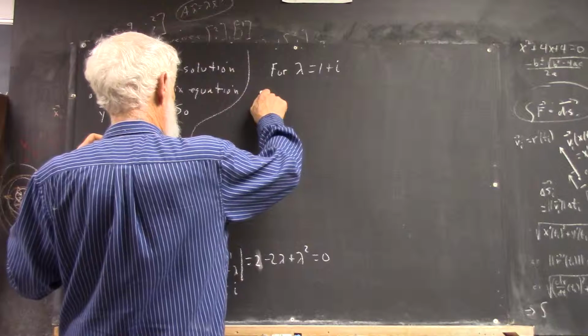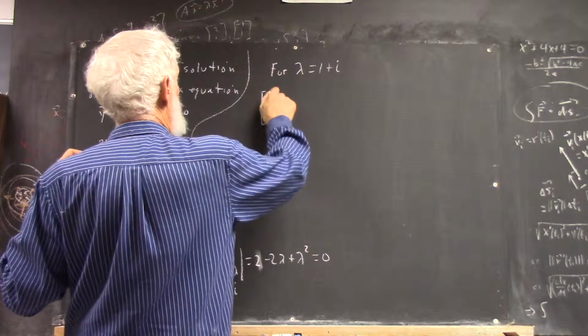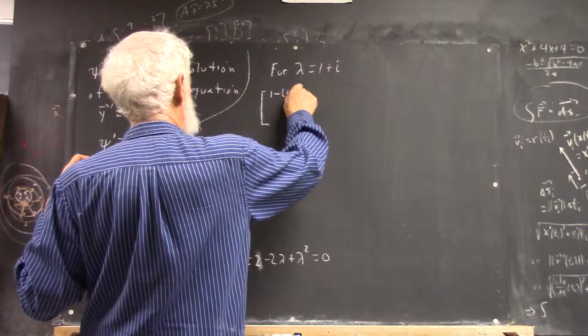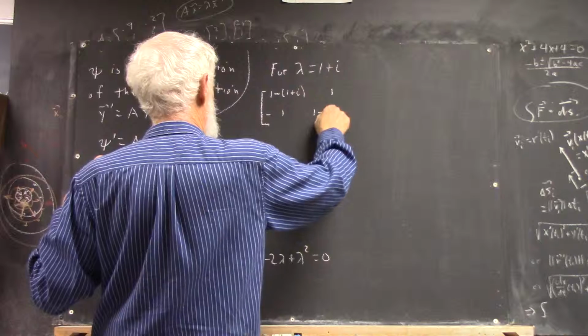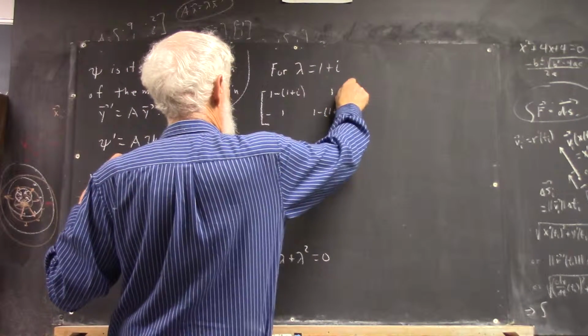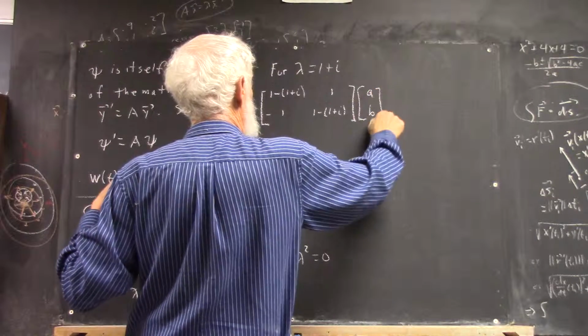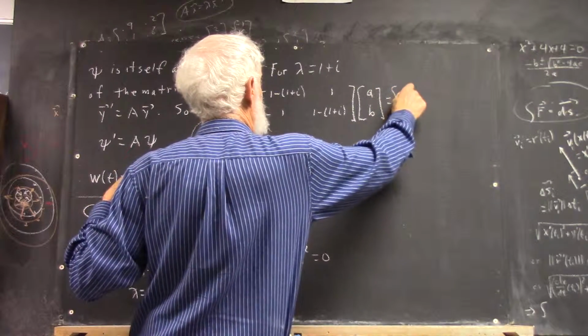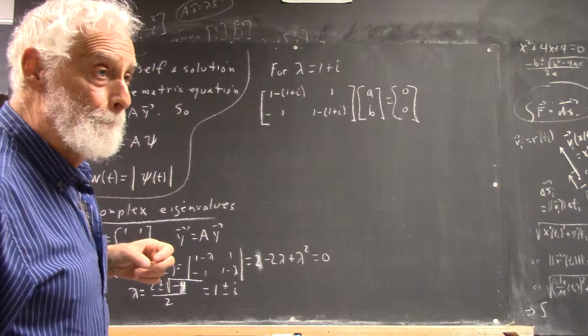the determinant, the matrix 1 minus 1 plus I, 1, negative 1, 1 minus 1 plus I, times the vector A, B equals a 0 vector, which I'll go ahead and write out in the column vector. Okay?